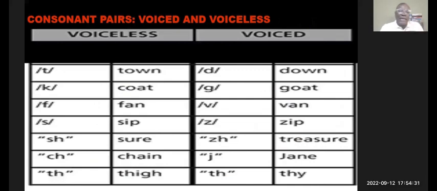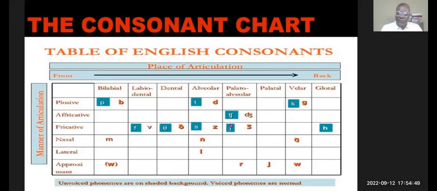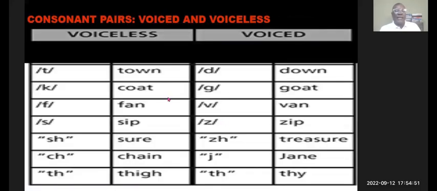Then let's look at voiceless and voiced, because this is really the topic for today's lesson. These are voiceless consonants and these are voiced. So let's now begin to look at them.